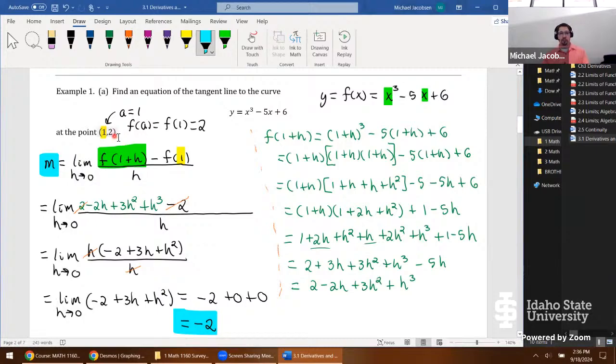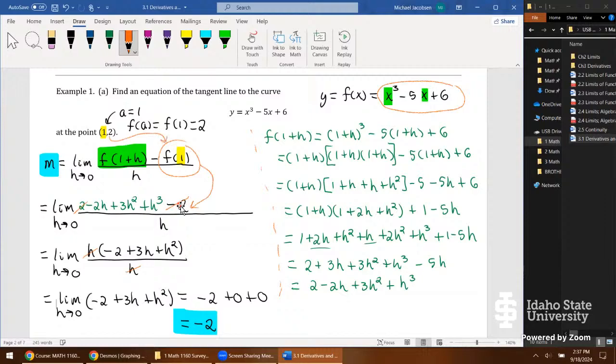So the point was 2. So f of 1 came out as 2. But a different way to see it is when you see that f of 1 there, you're really just plugging 1 into this location. So there's really 2 ways to think about it. Plugging a 1 here would give us 1 minus 5 for a negative 4 plus 6 coming out to that 2 right there. So that's how they kind of connect. Okay, thank you. Yep, absolutely.